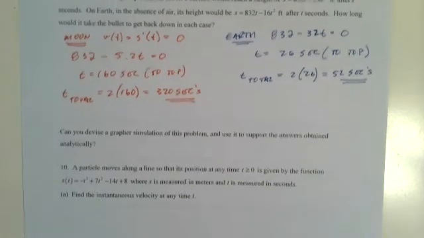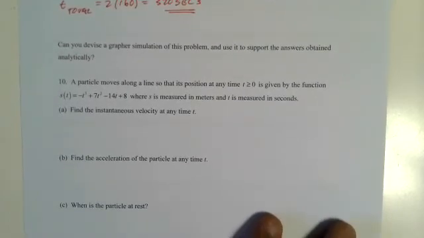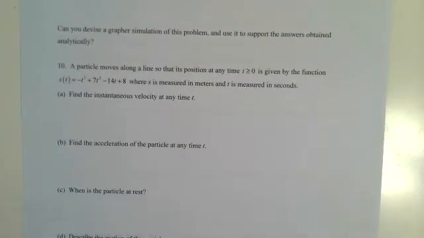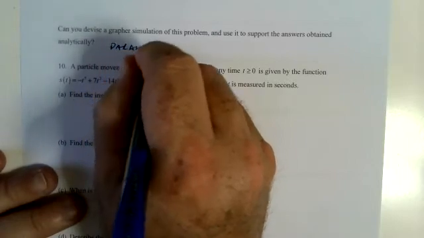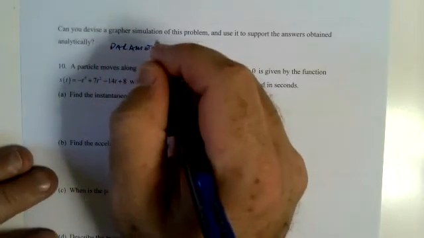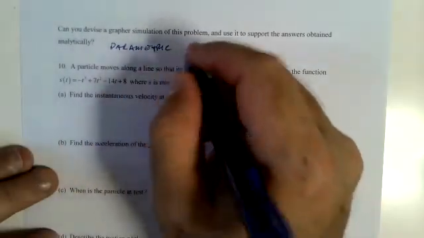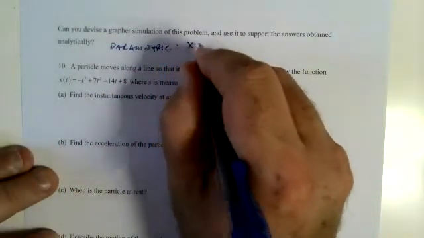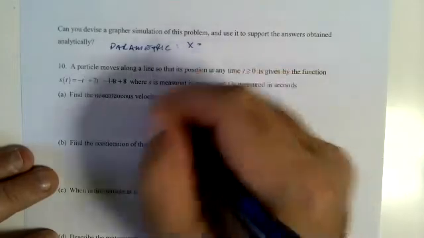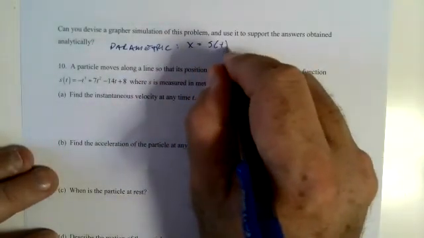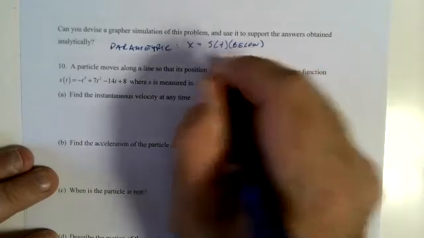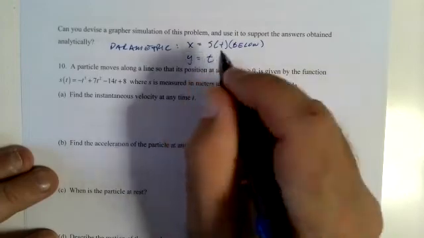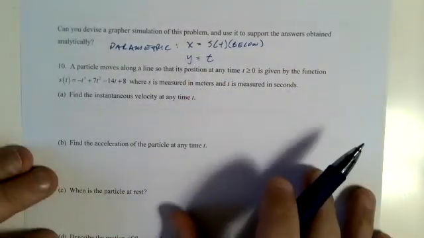Now devise a graph for some of this problem to support the answer obtained analytically. I would do this with parametric equations like we've done before. Since it's moving along a line, I would do x equals s of t, and y equals t. It'd be easier to see what's going on.